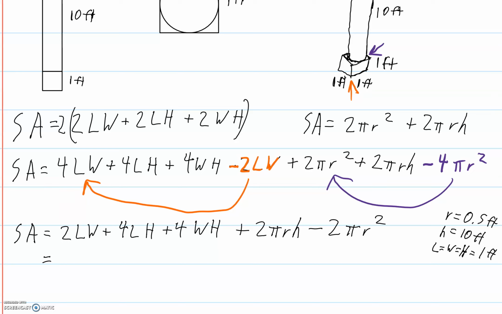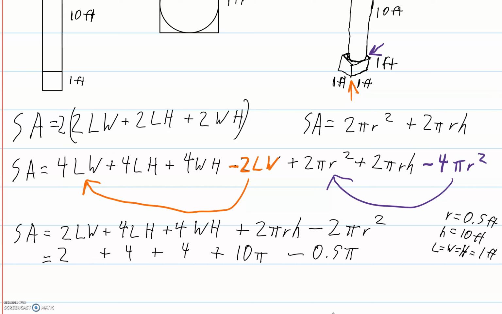So now that we do that, we can just do 1 times 1 times 2 is 2, plus 1 times 1 times 4 is 4, plus 1 times 1 times 4 is 4, plus 2 pi RH, so 5 times 2, so 10 pi, minus 2 times pi times r squared, so 0.5 pi.